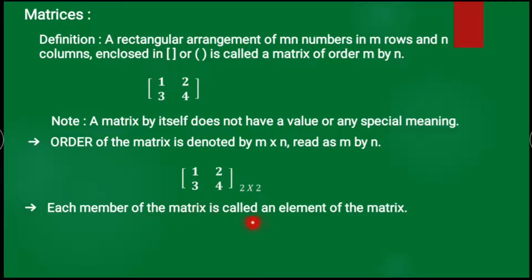Each member of the matrix is called an element of the matrix. So here 1 is called an element of the matrix, 2 is called an element of the matrix, 3 is called an element of the matrix and 4 is called an element of the matrix. So here the order of the given matrix is 2 by 2, so we have 4 elements in this matrix.